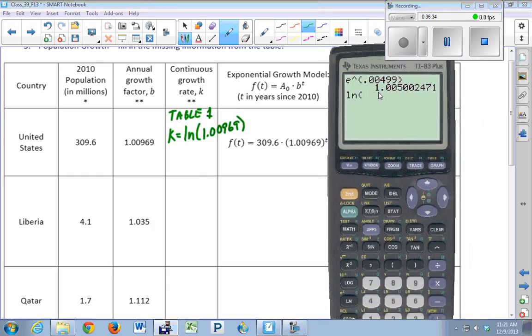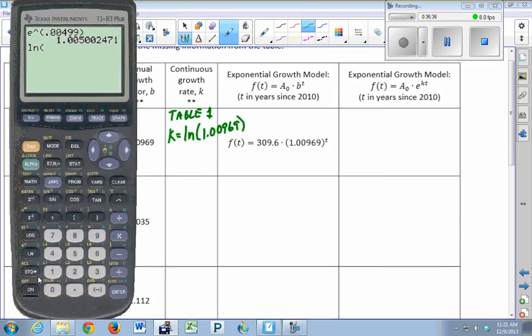Natural log of 1.00969, which is 0.0096433353.